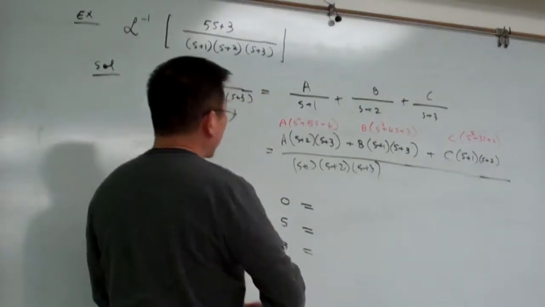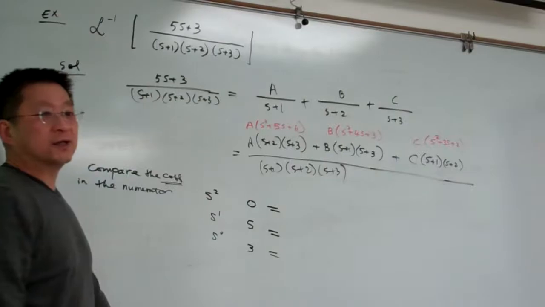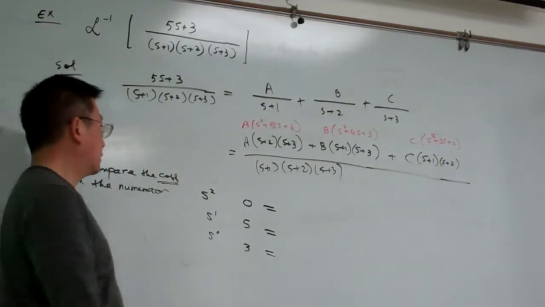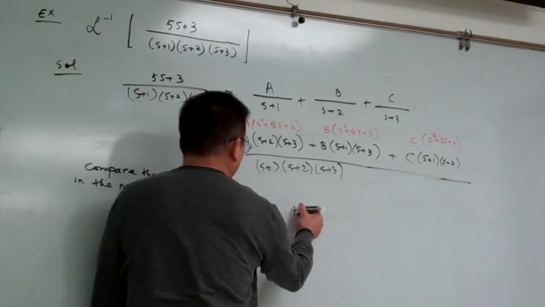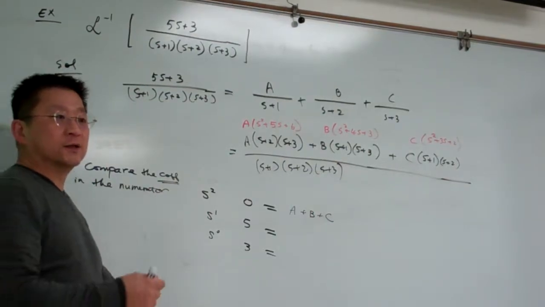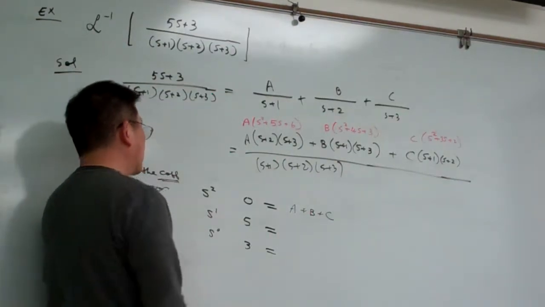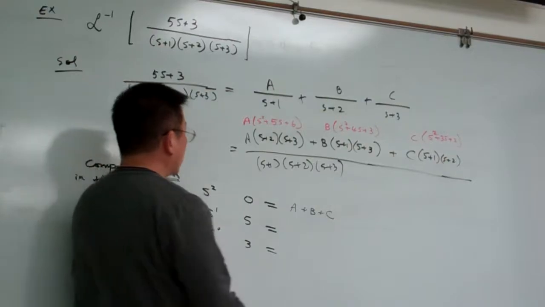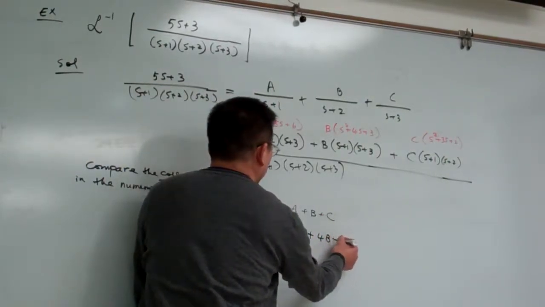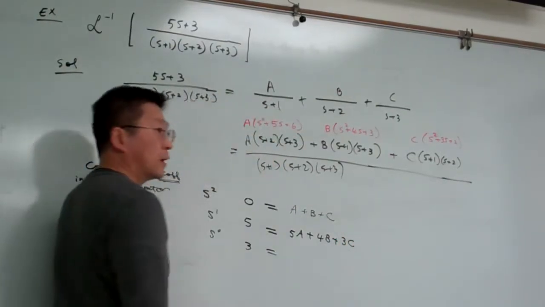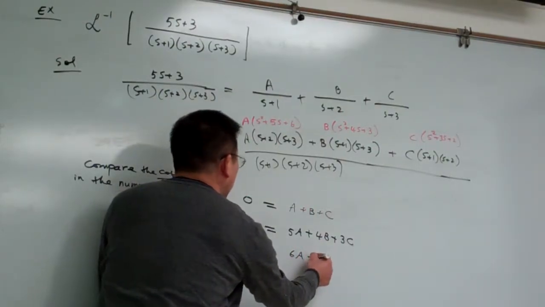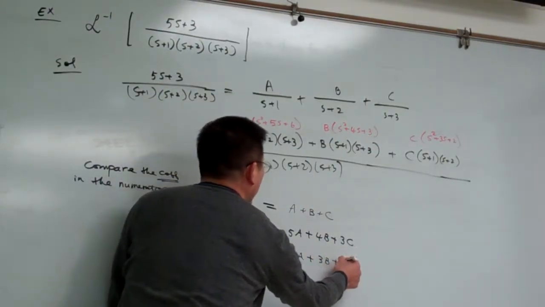Okay. So in this way, on the right-hand side, we simply collect the coefficients for each term. For the s squared term, that is a plus b plus c. For the linear term, s to the power 1, that is 5a plus 4b plus 3c. For the constant, s to the power 0, that is 6a plus 3b plus 2c.